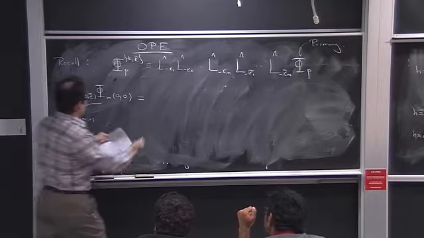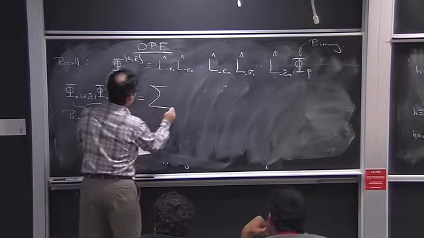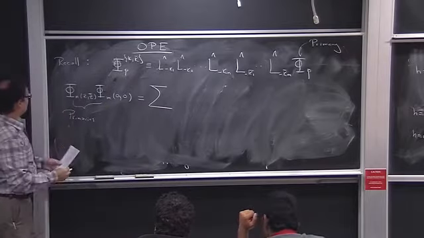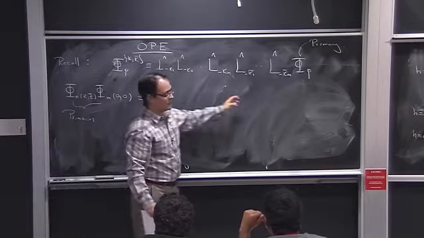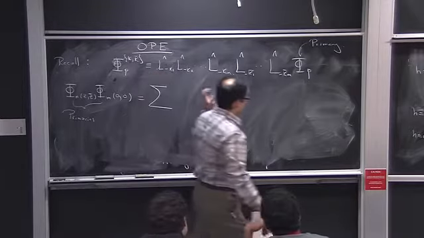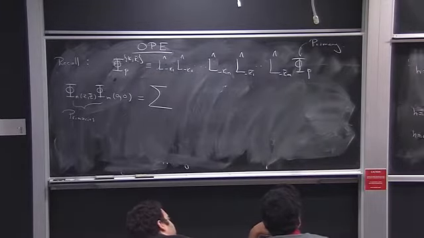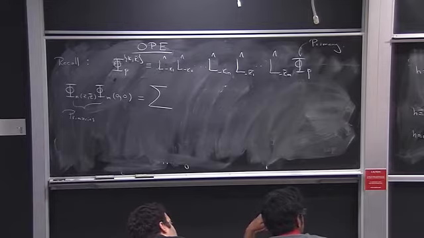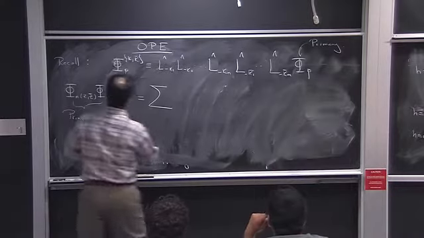The claim that you have seen many times is that this OPE can be expressed as a linear combination of all the conformal families in your theory. A conformal family is made out of a primary and all its descendants. That's why it's called a family.